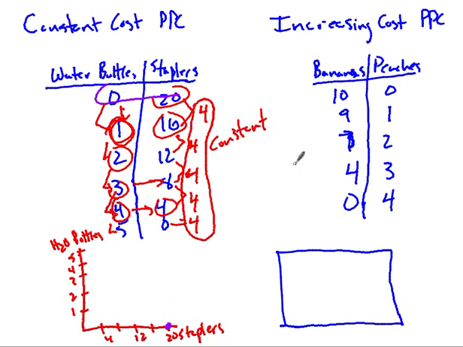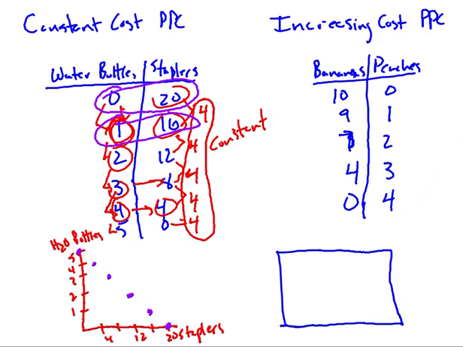So if we produce 0 water bottles, we can do 20 staplers. So that goes there. If we produce 1 water bottle, we can produce 16 staplers. So 1 and 16. All right. Then 2 and 12, and 3 and 8, and 4 and 4, and 5 and 0.